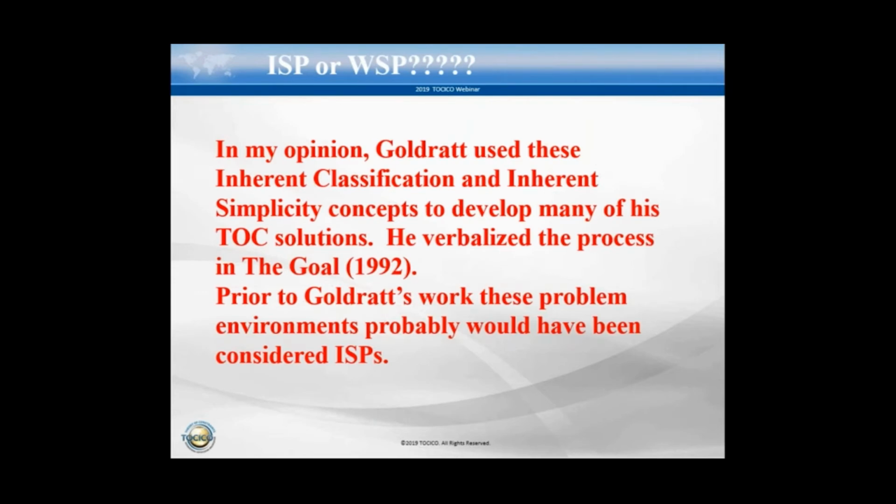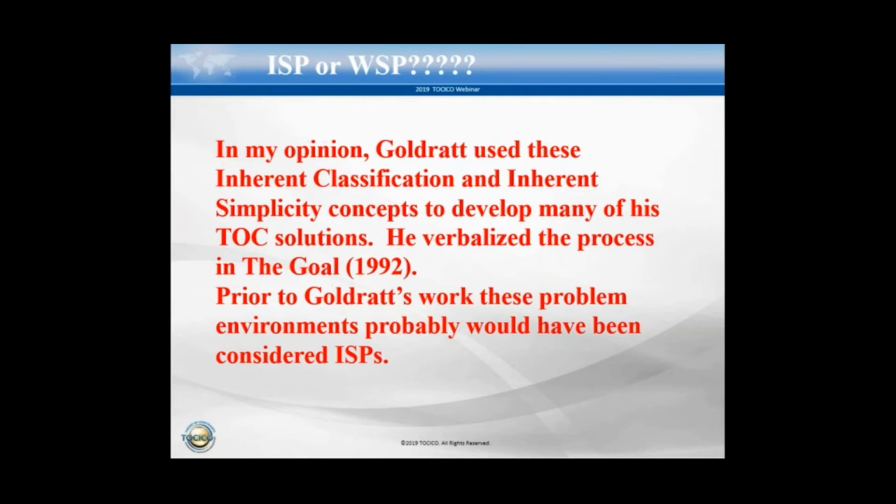Now, in my opinion, I try and point out what's my opinion. Goldratt used these inherent classification and inherent simplicity concepts to develop many of his TOC solutions. He verbalized the inherent classification concept in The Goal in 1992. In chapter 38, he talked about classification.